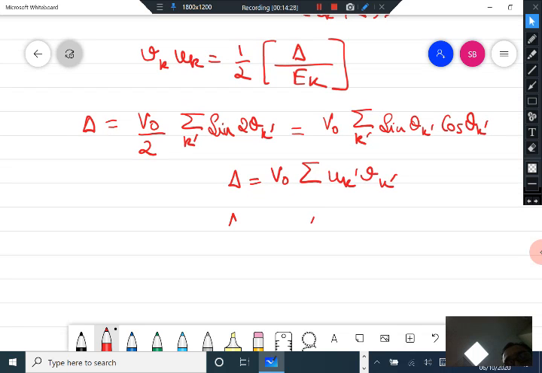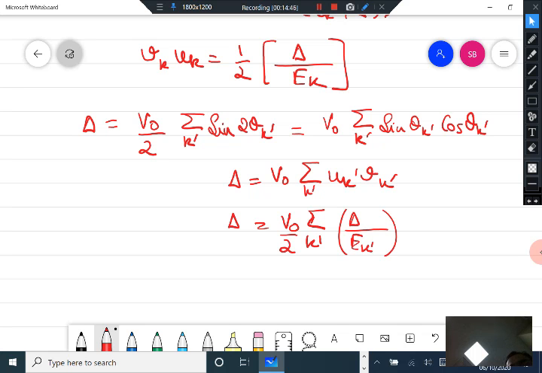So delta is equal to V0 summation over k prime. Uk into Vk we have already derived; this is delta over Ek prime.